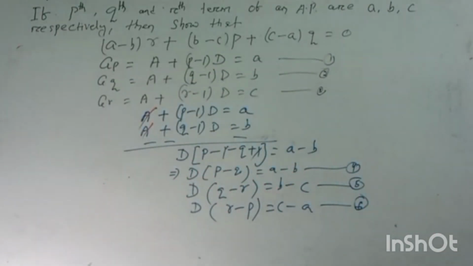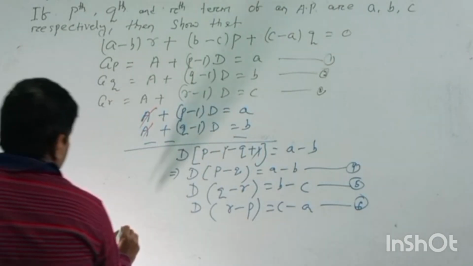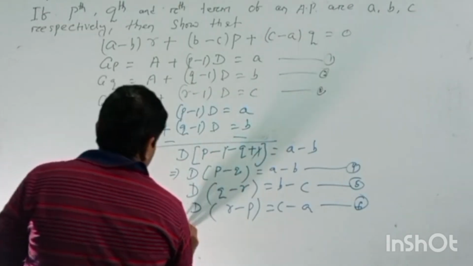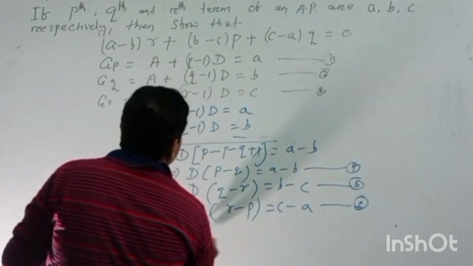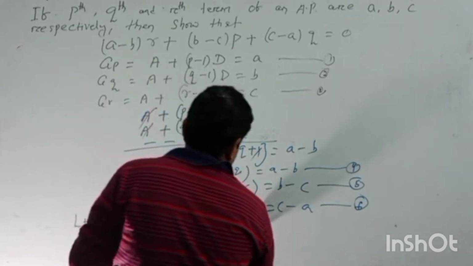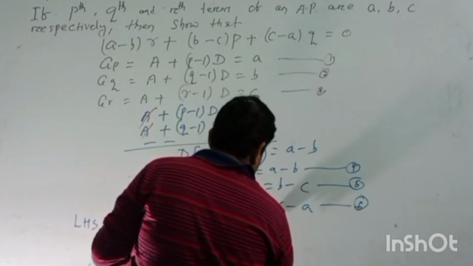Let us write the LHS. What is LHS? (a minus b) whole into r plus (b minus c) whole into p plus (c minus a) whole into q.